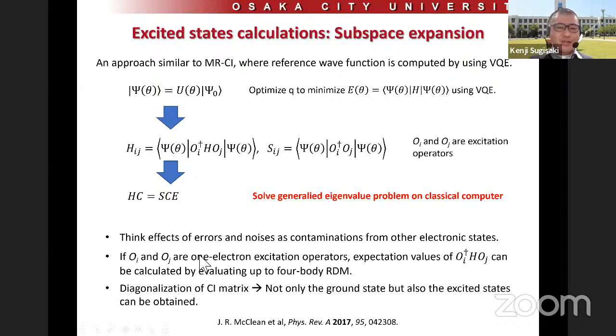Let us think about the case where O_I and O_J are one-body operators. In that case, this O_I dagger and O_J consist of one creation and one annihilation operator. So in order to calculate the expectation value of this operator, we need the four-body reduced density matrix.